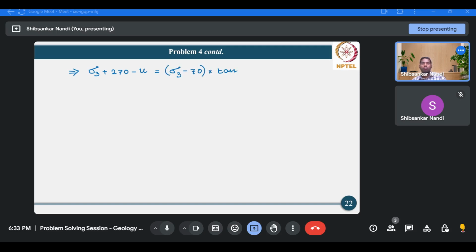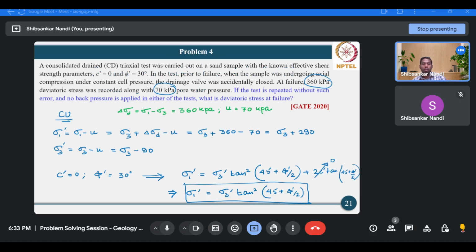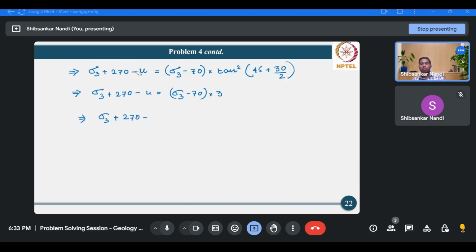equals sigma 3 minus 17 into tan square 45 plus 35. This will be 3. Sorry, I think I made a mistake here.